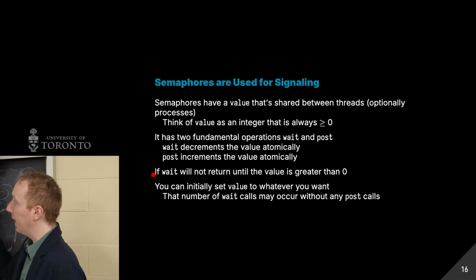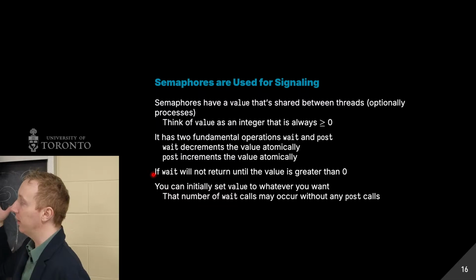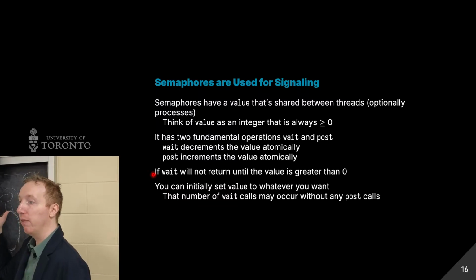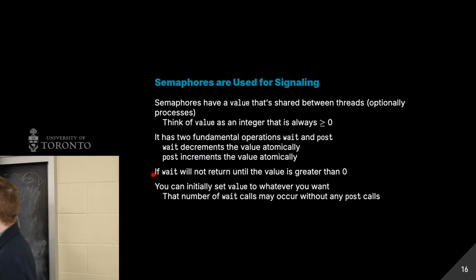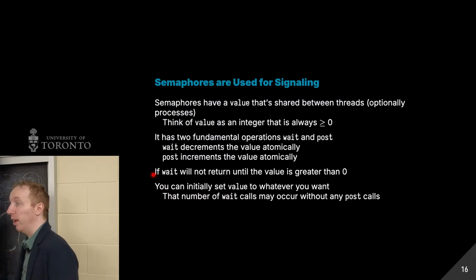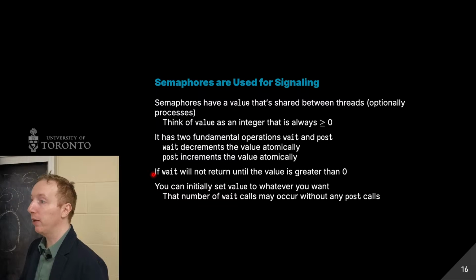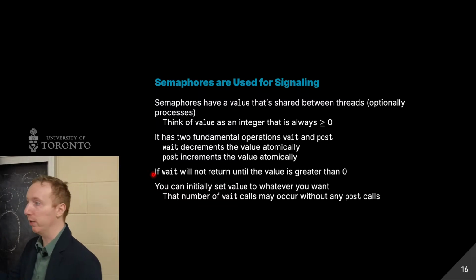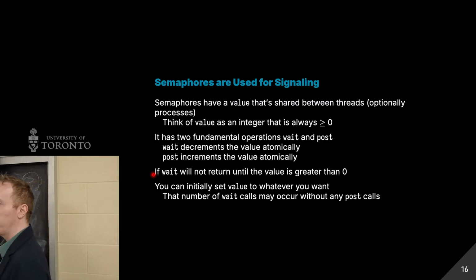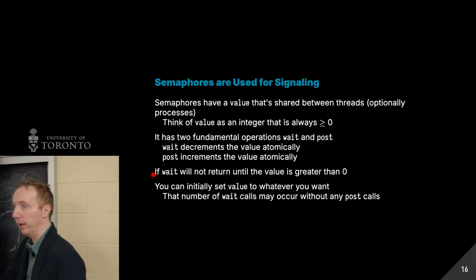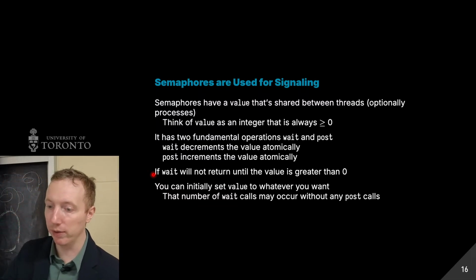So wait will guarantee that it actually decrements that value, and that value will never be negative. So if the current value is 0 and some thread calls wait, it's not allowed to go negative, it will not decrement 0 to -1. It's going to wait for another thread to increment it from 0 to 1 before it is allowed to decrement it, probably from 1 to 0.